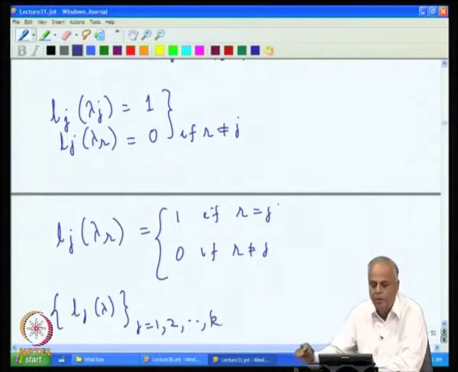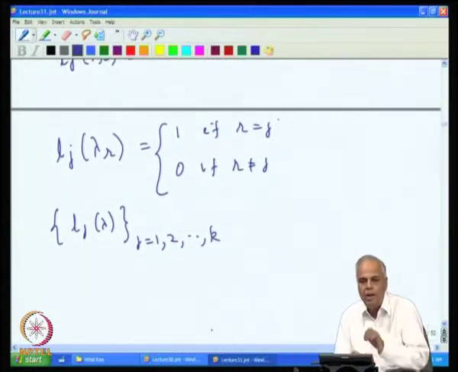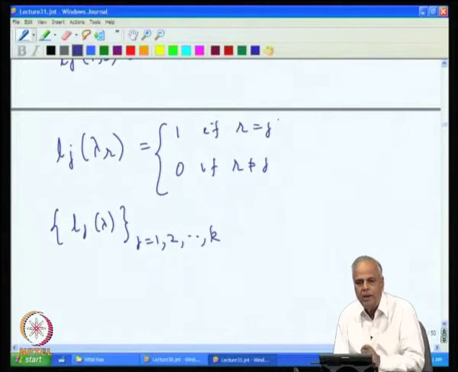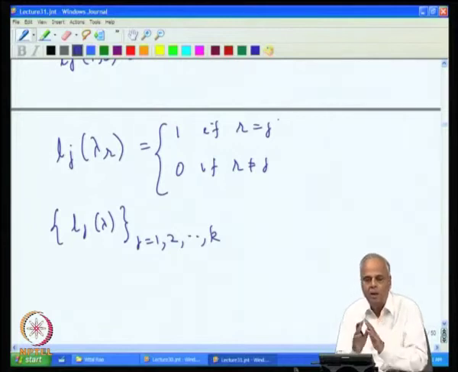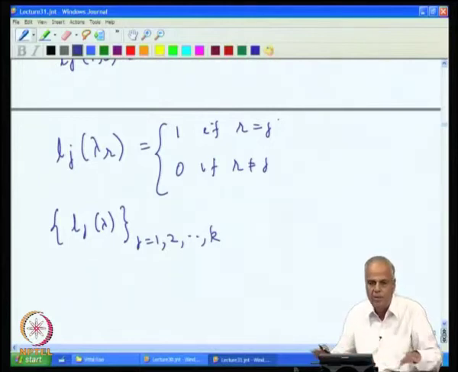We have got k polynomials such that each polynomial lights up at one particular eigenvalue and dies off at the other eigenvalues. L 1 takes the value 1 at lambda 1 and 0 at all the other lambda j's. L 2 takes the value 1 at lambda 2 and dies off at all the others.